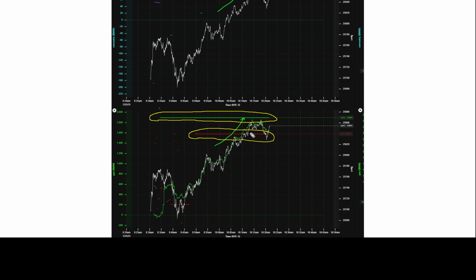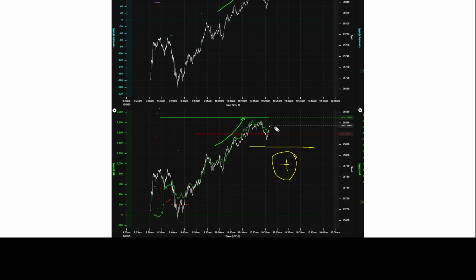The same. If you are in an uptrend, in a positive regime, you are over the zero gamma, and you see that kind of bar in the order flow, you can read this as a magnet too.